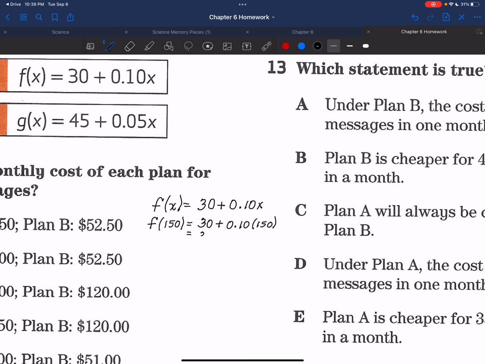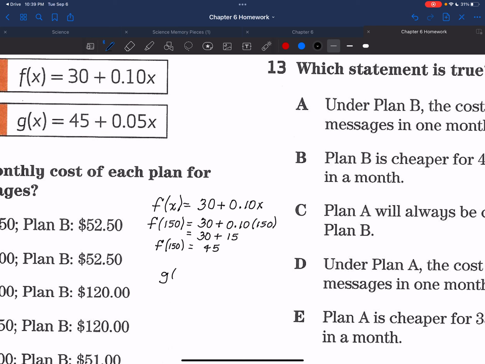So this will be 30 plus 15. Just be sure of that. And so this plan is $45 for 150 messages. So the cost of 150 messages is $45 for Plan A.